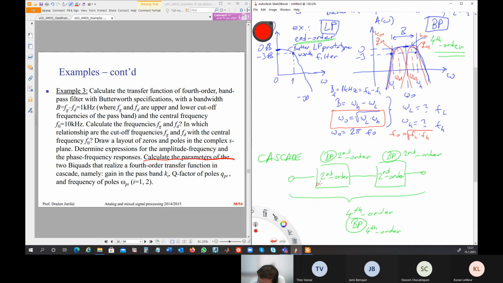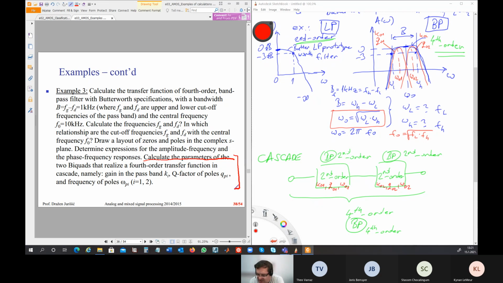So we have K01, Q01, omega 01, K02, Q02, omega 02. This is for the last part of our example.